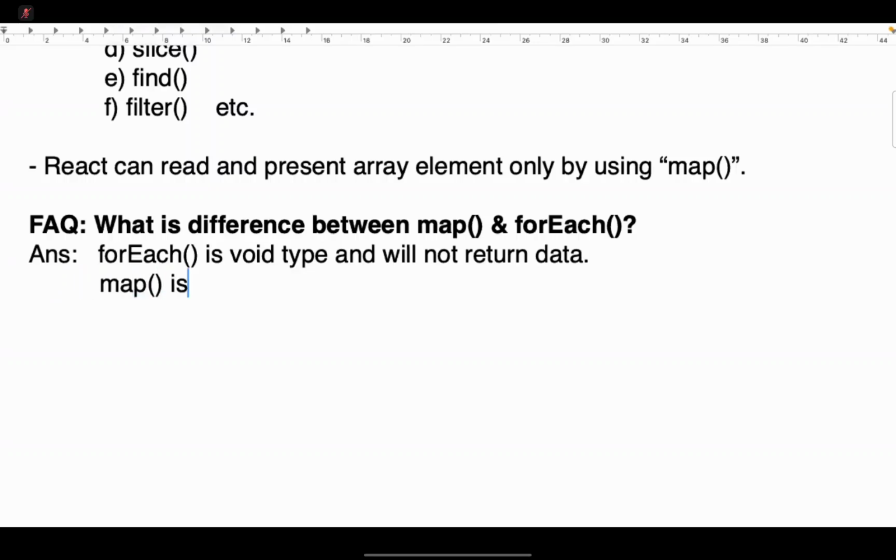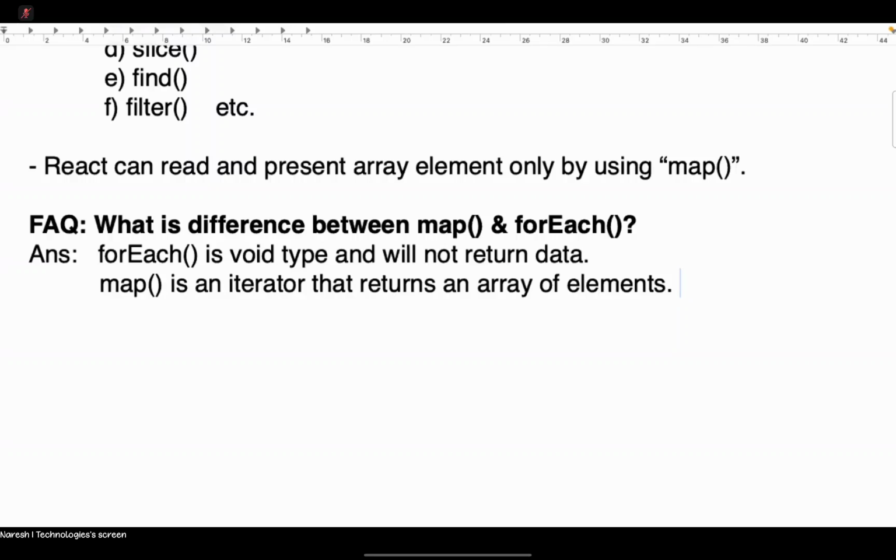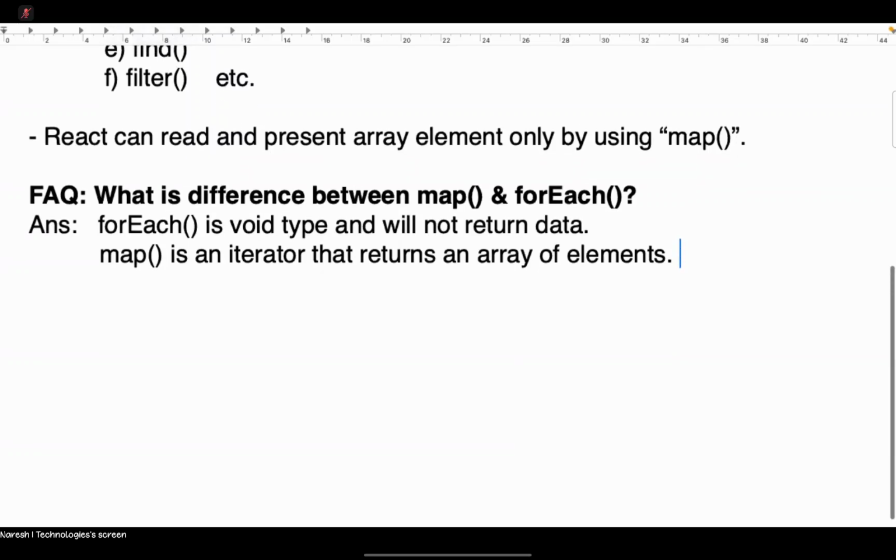Map is an iterator that returns an array of elements.